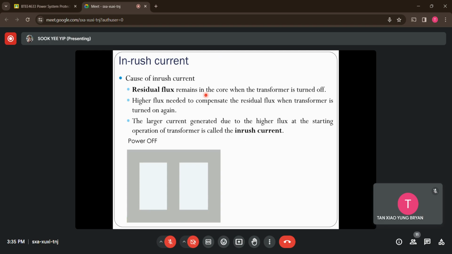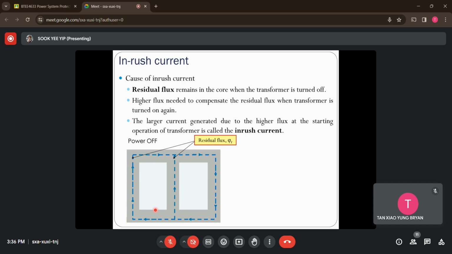But in practice, in real life, there will be residual flux staying within the transformer core whenever the transformer is turned off. So let's say this is a transformer core with three-phase winding. If there is no voltage source supplied to the winding, there's no current flow, so there will be no magnetic fields generated. But in real life, there is a residual flux staying within the transformer core.